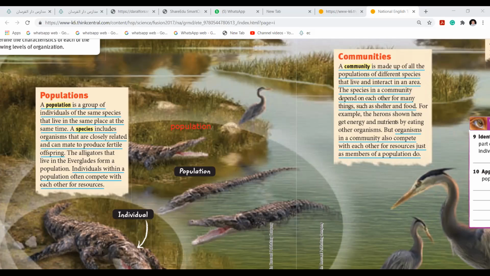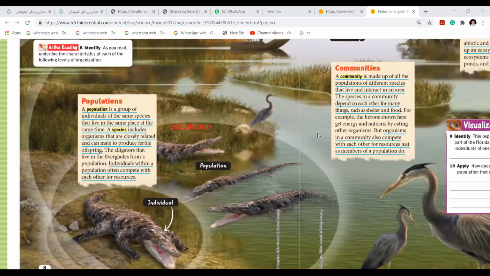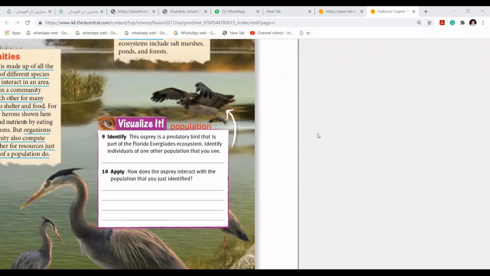The herons shown here get energy and nutrients by eating other organisms. Organisms in a community also compete with each other for resources. If they are in a community, they are actually fighting for the resource, just as populations do. So this is what we studied: population and community.